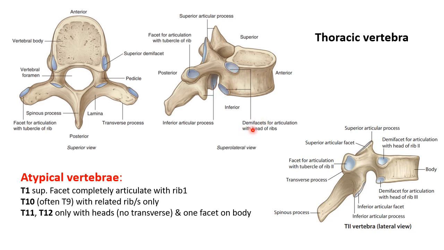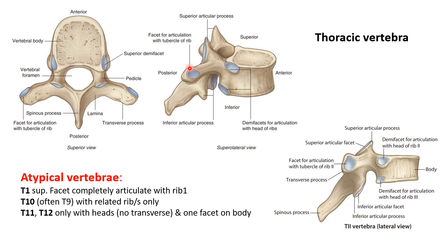Demi means partial facets, not complete facets, and we will know why. Two on each side, so 4 demifacets. The pedicle has superior and inferior articular processes to articulate with the vertebra above and below. The transverse process also has an articular facet to articulate with the corresponding rib.